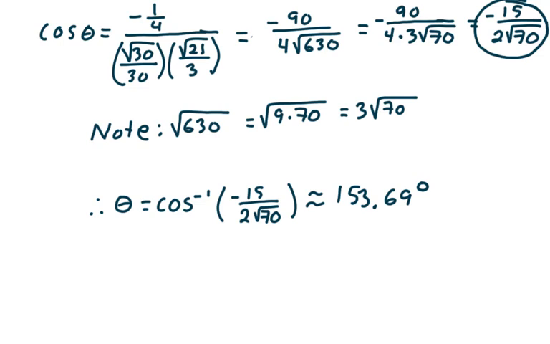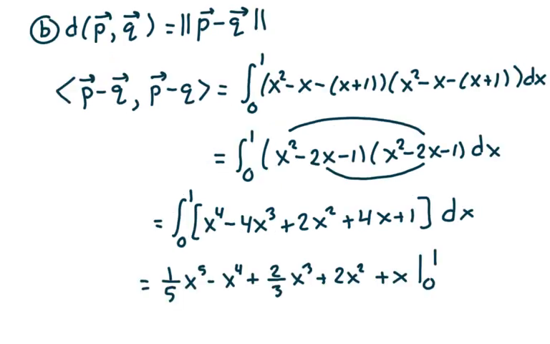Now, from here, theta is the inverse cosine of negative 15 over 2 square root of 70. And if you pop that in your calculator, you should come up with something like this. Essentially, this is approximately 153.69 degrees. And that's how we do part A.